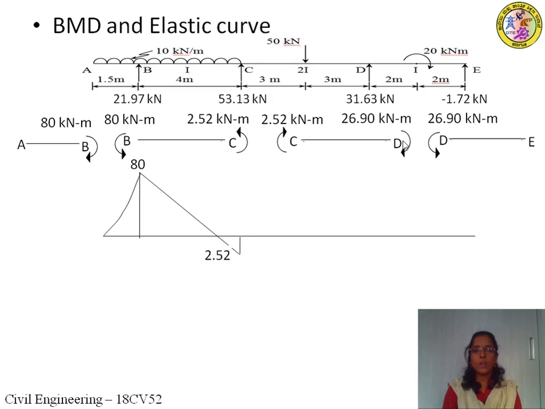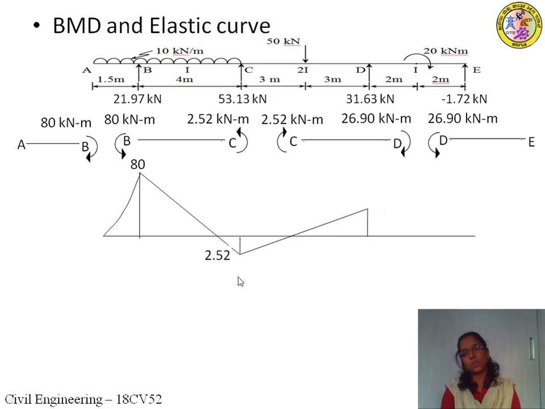And then at D we have a clockwise moment. Okay, so the right thumb, it is moving in the upward direction, so mark it above the baseline for 26.9 kilonewton meter. So now we have to join from minus 2.52 to plus 26.9.